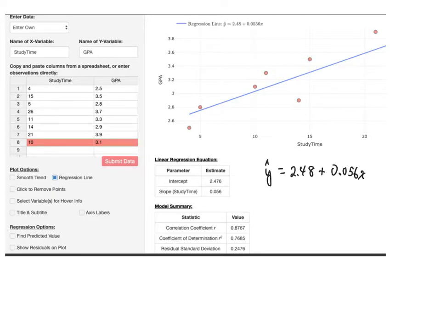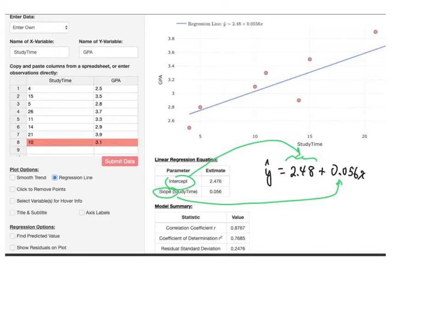The term intercept is referring to what you use as the y-intercept in algebra class. That's the thing that does not have an x with it, and then the thing that says slope is the number that goes in front of the x.